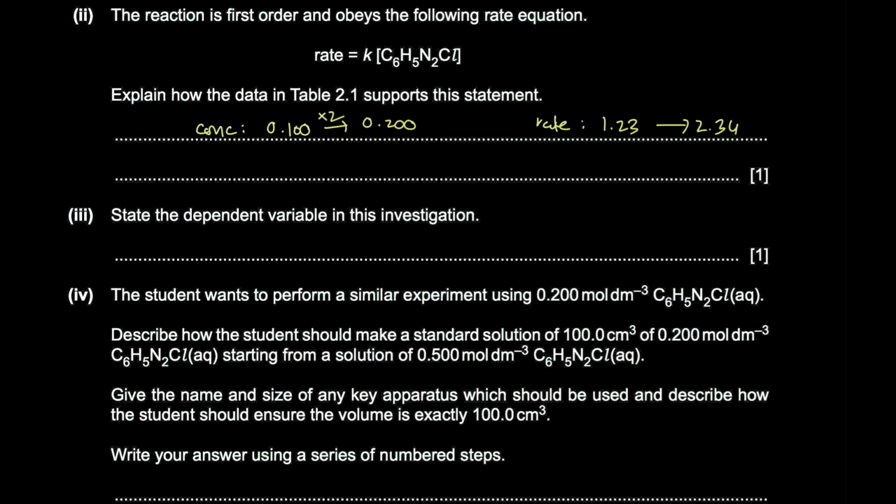So it's changing by a factor of 1.9, which is roughly the same. Doubling the concentration results in the rate also doubling. So therefore, we can say that it's first order, order 1, with respect to the benzene diazonium chloride.